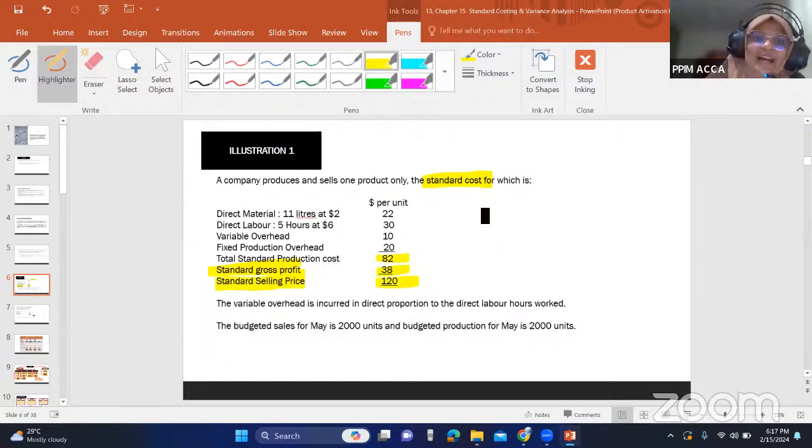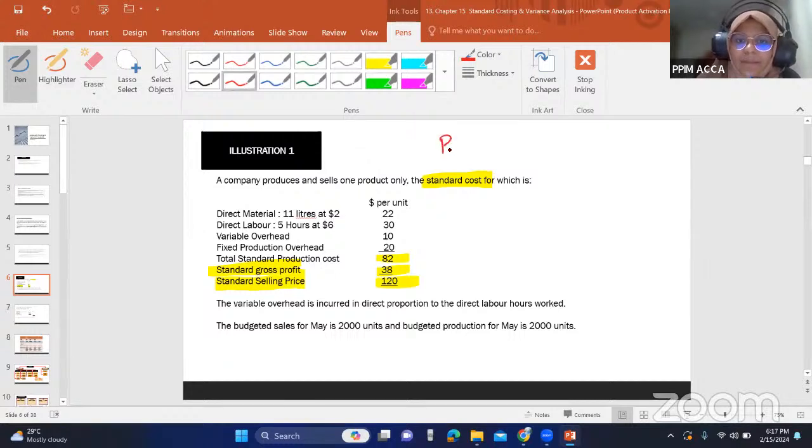So this is, in other words, all the budgeted data. Then it says the variable overhead is incurred in direct proportion to the direct labor hours worked. The budgeted sales for May is 2000 and the budgeted production is also 2000. What is variance analysis?